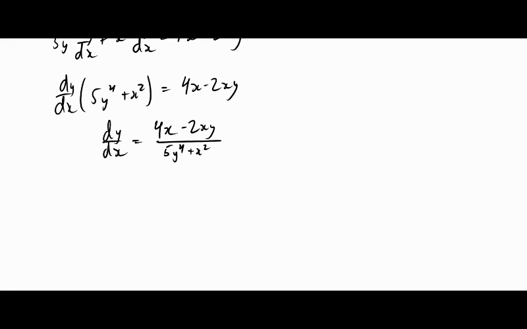So, there's the big reveal. Hopefully you got that. 4x minus 2xy over 5y to the fourth plus x squared. So then dy by dx at the point 2, 1, that was the point that was given. And we just sub in.